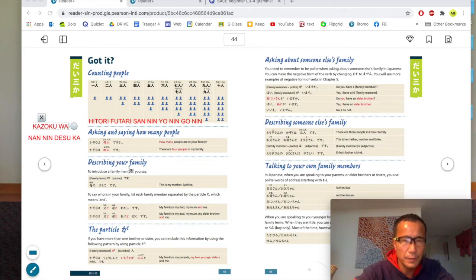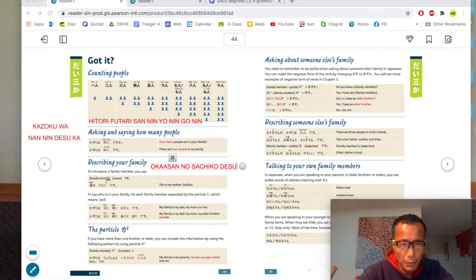Next one is describing your family. Family member の名前です。Here it says 母の幸子です。Now, I did not teach you 母. I taught you お母さん。お母さんの幸子です。So this one is very useful. お父さんのジョンです。Stuff like that.